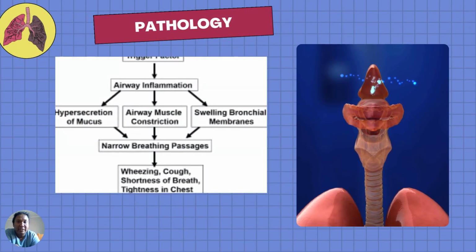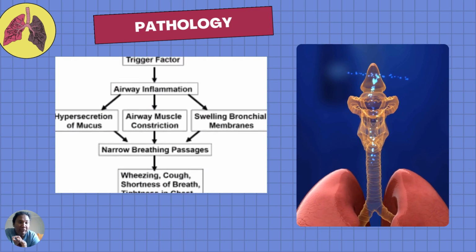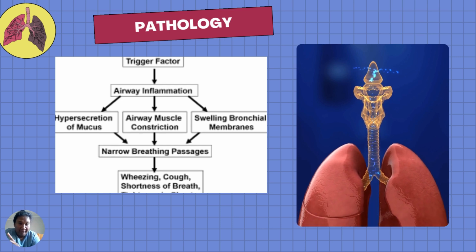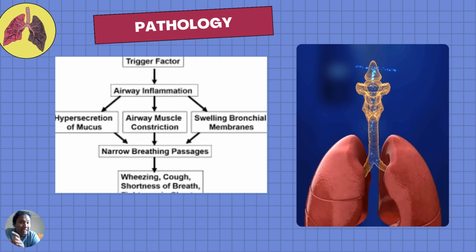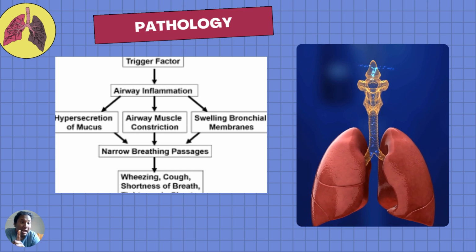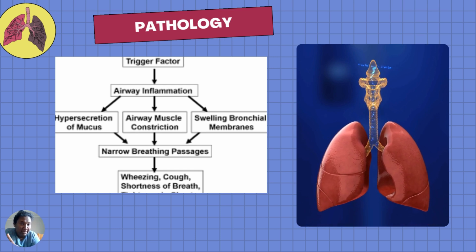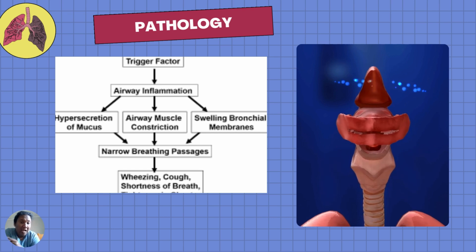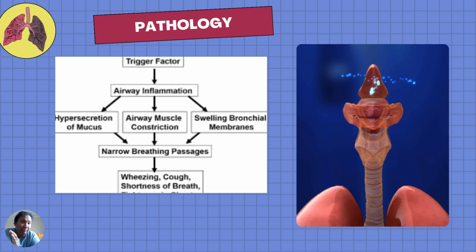Let's dig deeper into the pathophysiology. So when we have a triggering factor for asthma, we will learn about triggering factors in the coming slides, that causes airway inflammation, and this airway inflammation is accompanied by hypersecretion of mucus, airway muscle contraction, and swelling in the bronchial membrane.